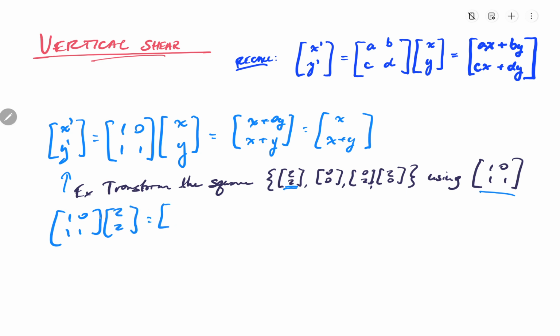That will give us first times first is 2, second times second is 0. In our second row, first times first is 2, and we're going to add second times second, which is also 2. That looks about right. So what this gives us is an output of 2 and 4, when given an input of 2, 2.